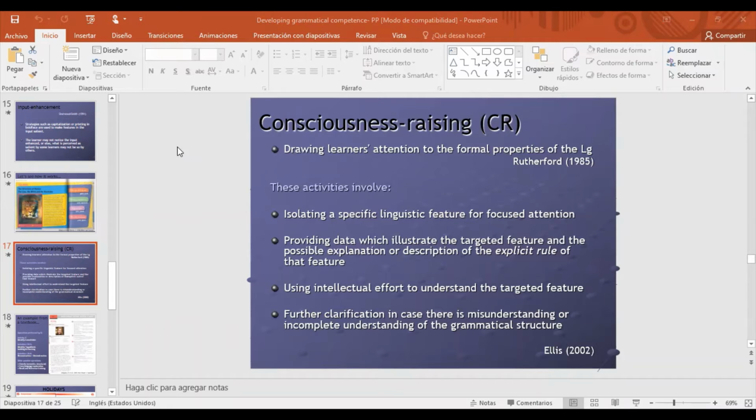isolating a specific linguistic feature for focused attention. What does this mean? A ver, you tell me.